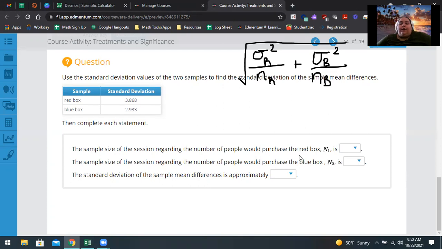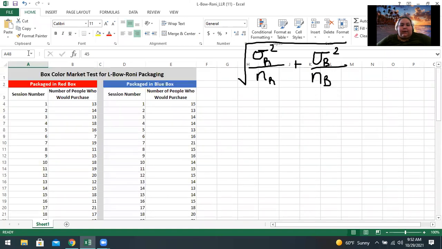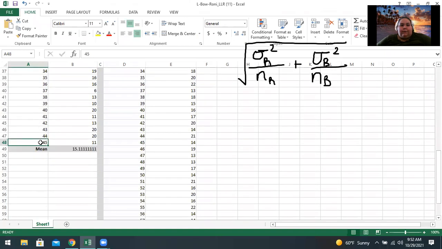So for the red box, if we go back to the sample size there, scroll down below, the red box had a sample size, right? Red is the first one, 45. So we know that our n of r, or in other words, n of 1, is set up to be 45.